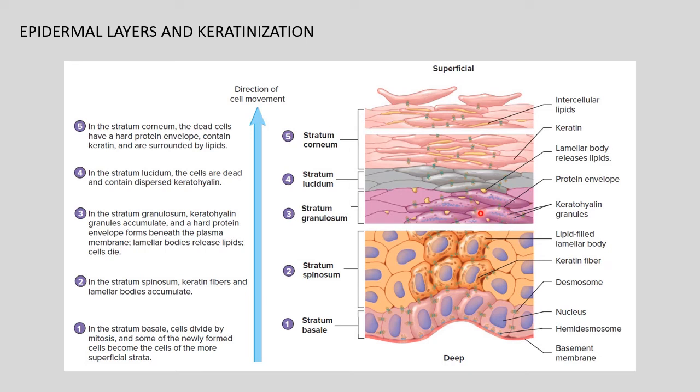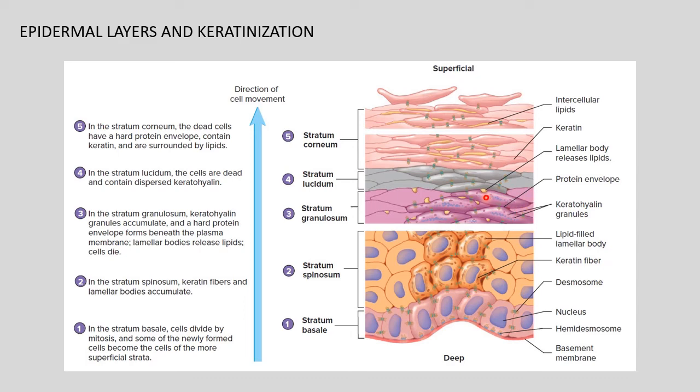Now, also at this stage, the cells coming from the stratum spinosum, which have lipid-filled lamellar bodies, once they reach this stratum, release these lipid bodies through the plasma membrane to the extracellular space. After the release of lipid outside the plasma membrane, there is the formation of what you call the protein envelope.